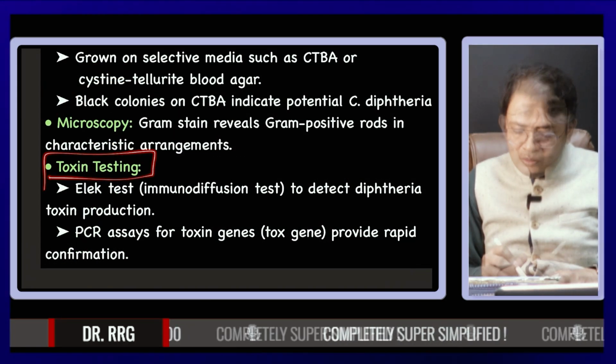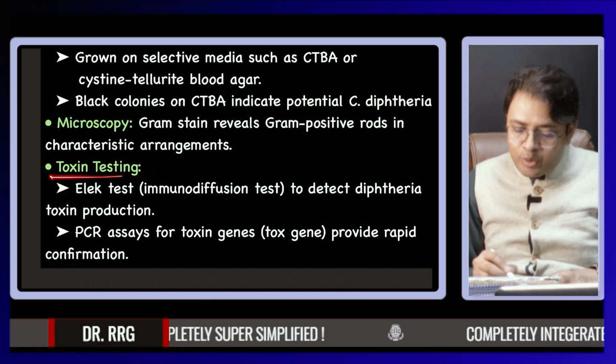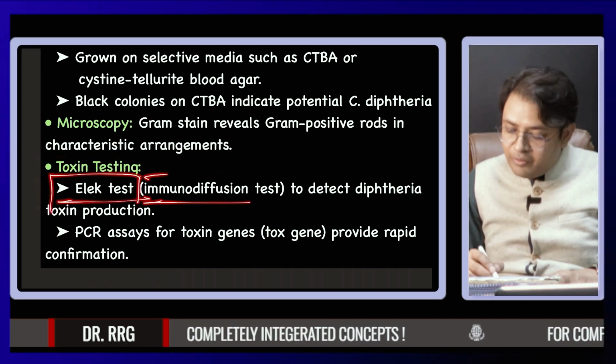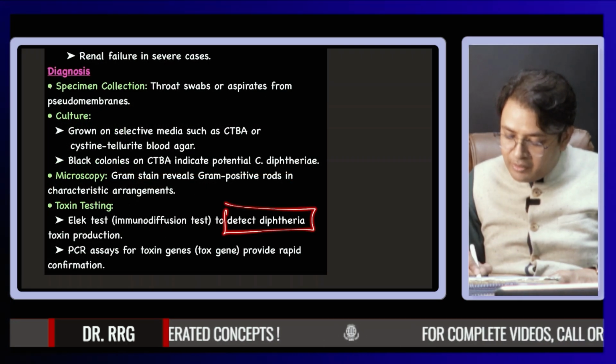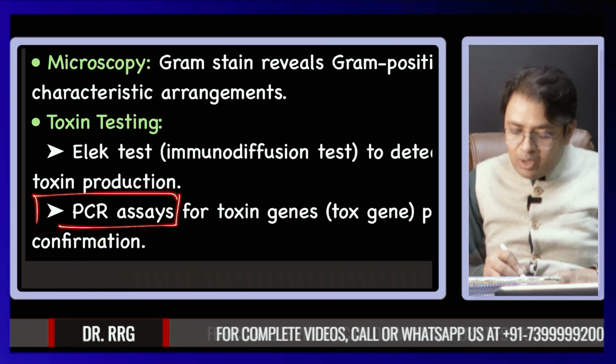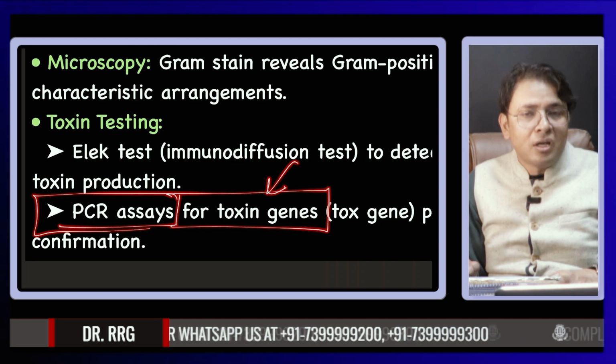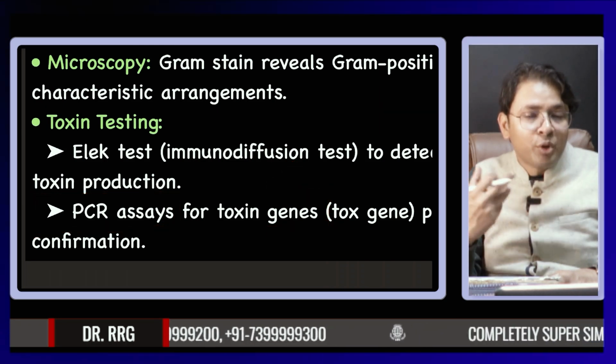We can also demonstrate the toxins produced by the bacteria. For that, we can use the Elek immunodiffusion test, where we can detect diphtheria toxins. Through PCR assay, we can analyze the toxin-producing genes.